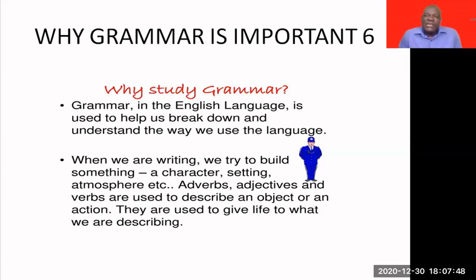And when you communicate your ideas, you need feedback. And feedback cannot take place unless communication is effective. When communication is effective, you expect feedback. And so that explains the importance of grammar. All right? Now let's go a step further.